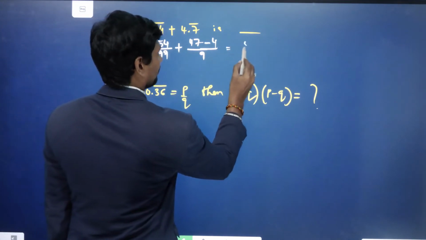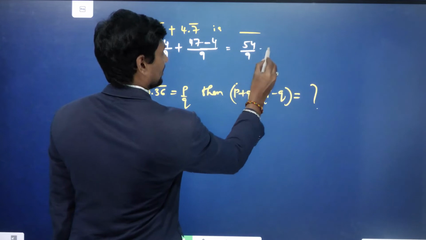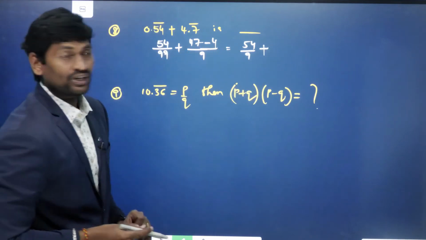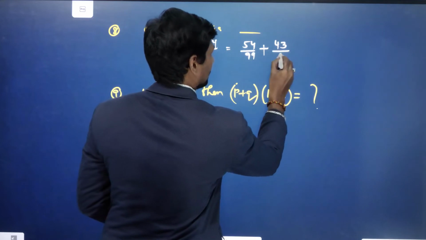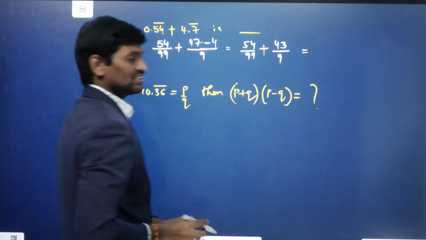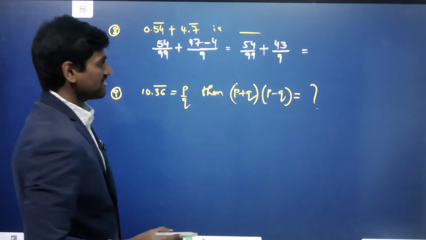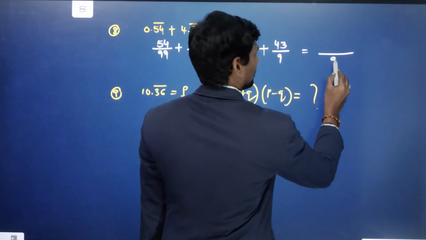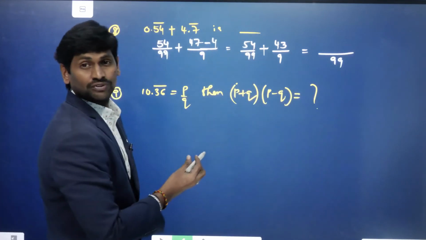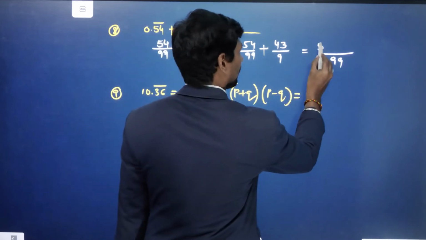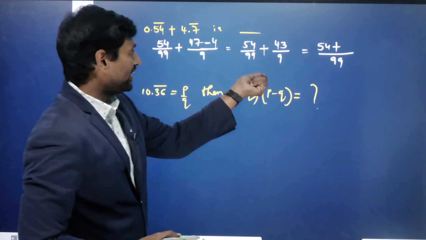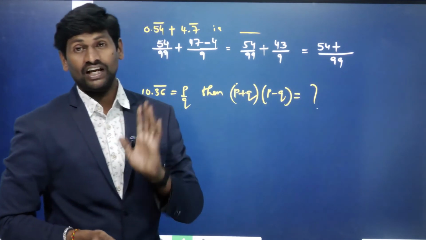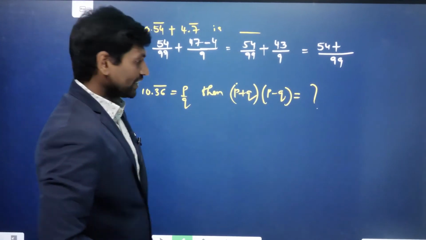So that is nothing but 54 by 99 plus 43 by 9. While you are observing this, the LCM of 99 and 9 is 99. 99 table here 1 time, 1 into 54 is 54. Plus 43 by 9, 9 table in 99 here 11 times, 11 into 43.